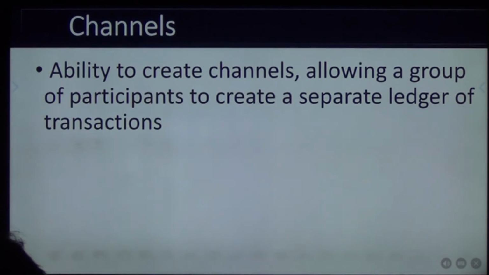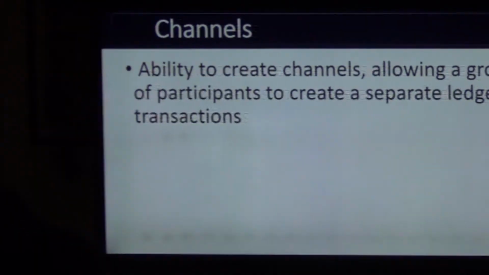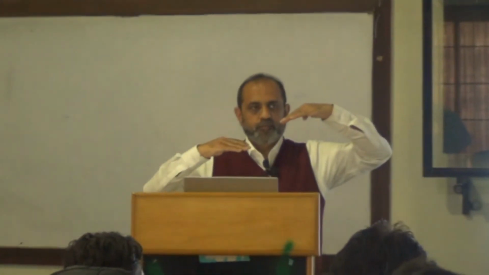So the peers on one channel would have one ledger, and peers on another channel would have another ledger. But you as a peer can be part of two channels. If you're part of two channels or three channels, then you have a copy of all the ledgers, like ledger 1, ledger 2. तो ये channels का इसमें वो है.